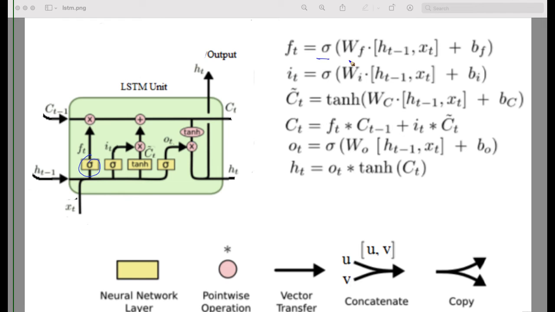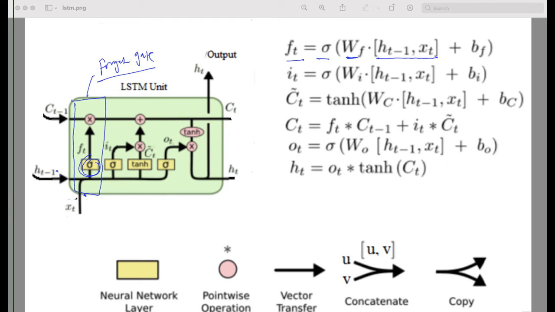That's what FT is. So this is your forget gate, because it decides how much can be forgotten from the previous cell state to the current cell state.